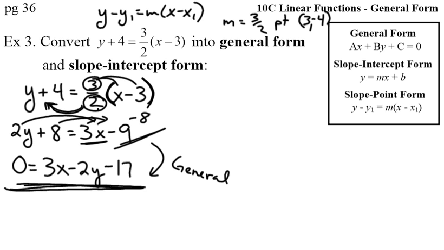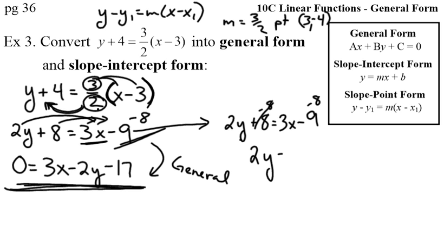Well, we need slope-intercept as well. So either of these will work. I like this because if I have 2y plus 8 equals 3x minus 9, which is what I did to get rid of this first step, I just need to get the y by itself. Subtract 8. I have 2y equal to 3x minus 17, and now divide by 2.